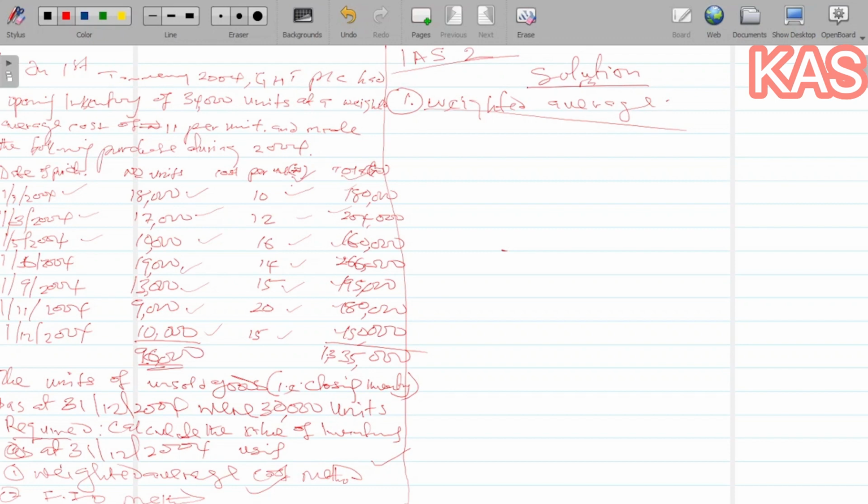First of all, we have to look at our opening inventories. Let's say this is the date, this is the number of units, and then we have the cost per unit, then we have our total.